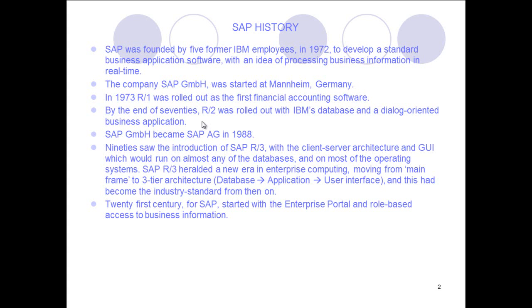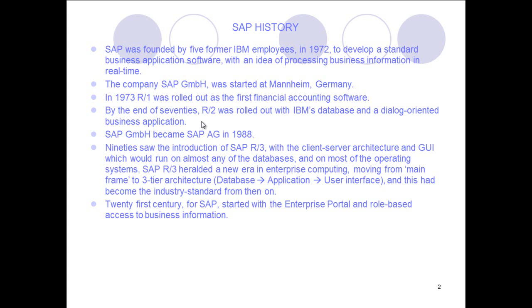In the 90s, SAP R3 with the client server architecture and GUI, which would run on almost any of the databases and on most of the operating systems. So R3 heralded a new era in enterprise computing, moving from mainframe to 3-tier architecture, like database server to application server and the user interface, which is also called the presentation server.